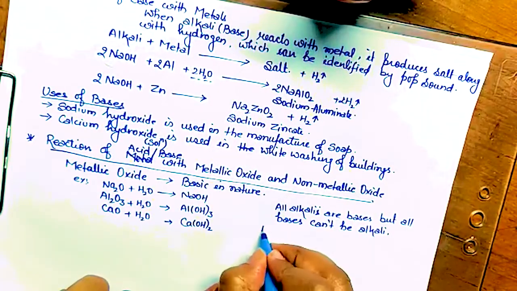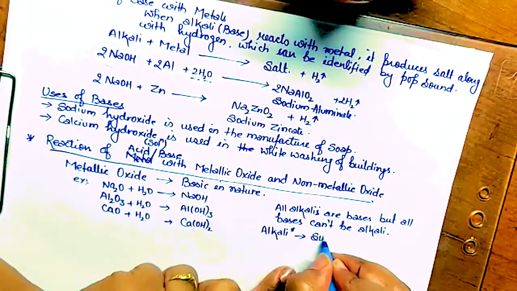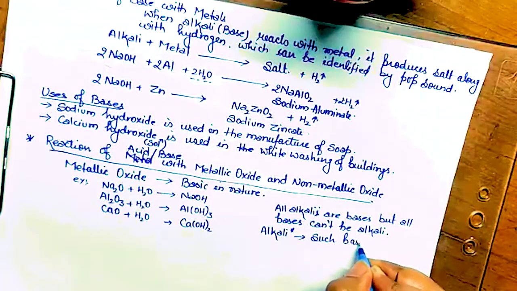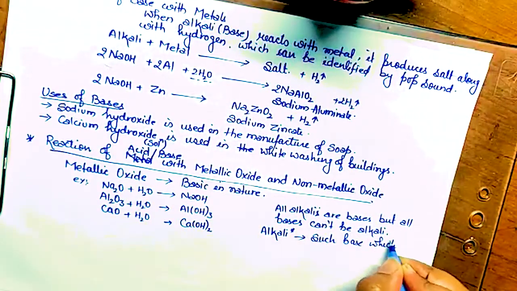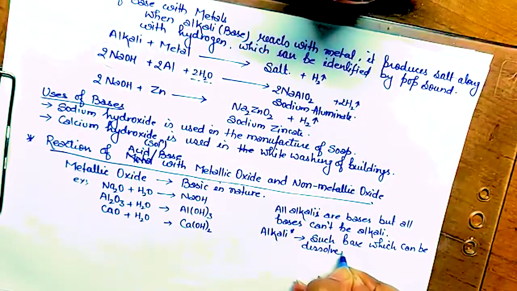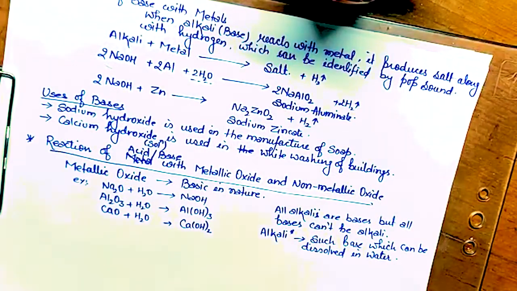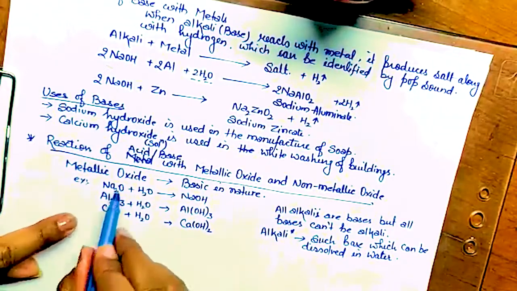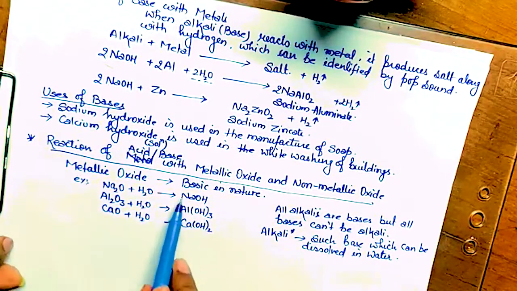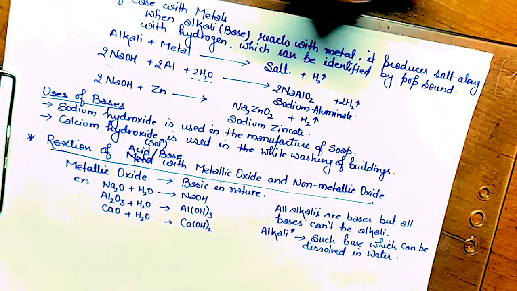Because an alkali can be defined as such bases which can dissolve in water. Got it? So these are only alkalis. So the bases which can be dissolved in water will form alkalis. So I said all alkalis are bases, but all bases are not alkalis, because it's not possible that all the bases will dissolve in water.